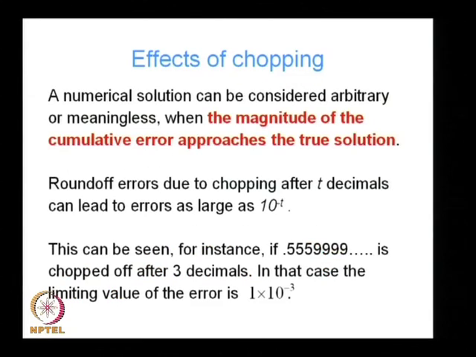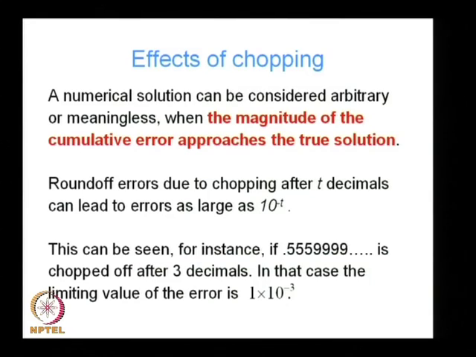A numerical solution can be considered arbitrary or meaningless when the magnitude of the cumulative error approaches the true solution. Round off errors due to chopping after t decimals can lead to errors as large as 10 to the power minus t. This can be seen, for instance, if we consider the number 0.555999 up to infinity.